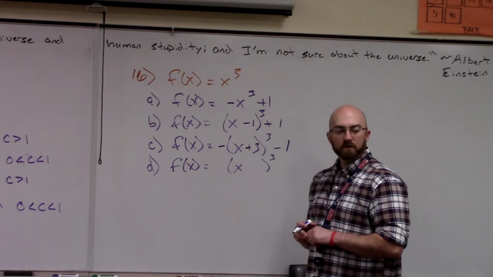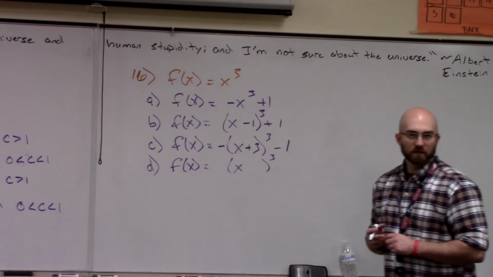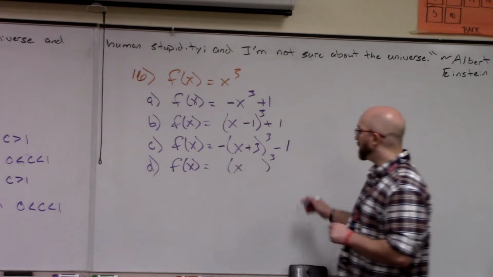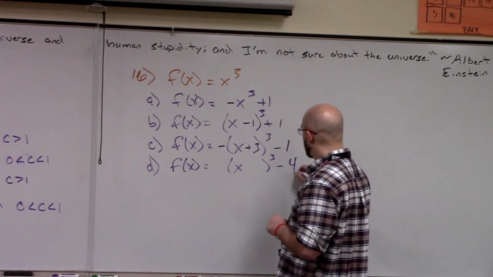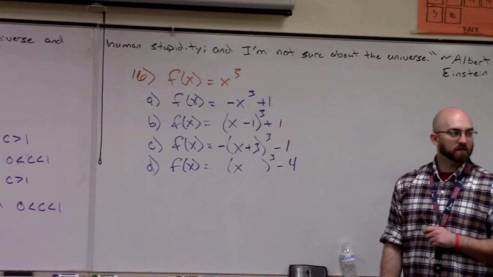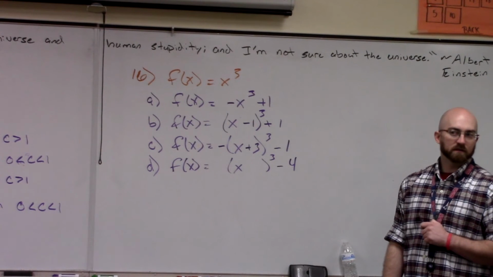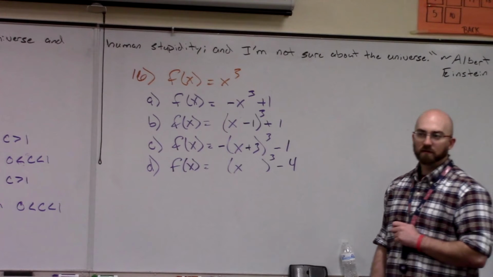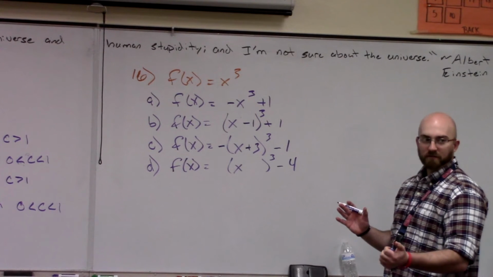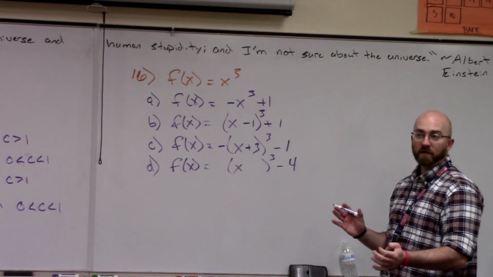Alright, what about this one? Down. Down? How many? 4. Right, minus 4 on the outside. What else? Right. Shift it to the right. How many? 9.